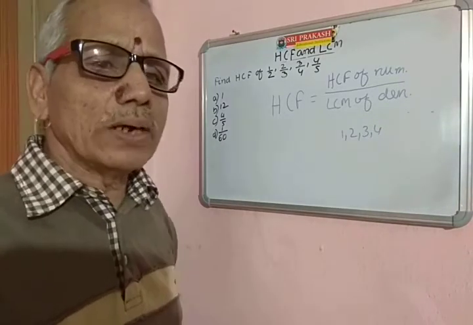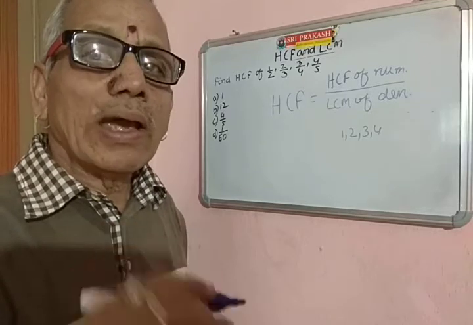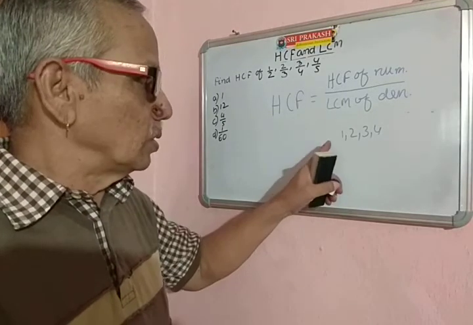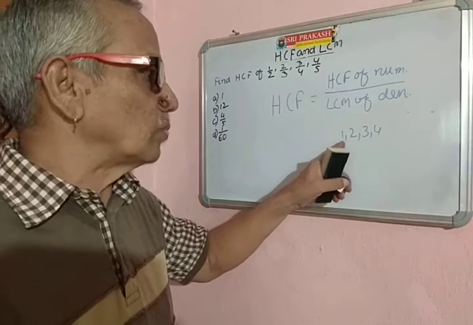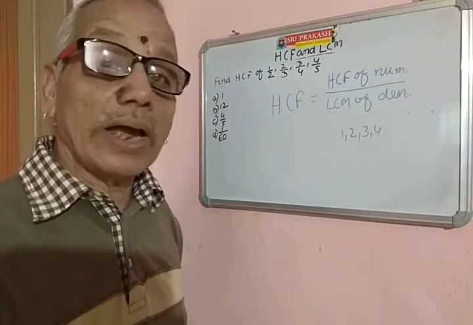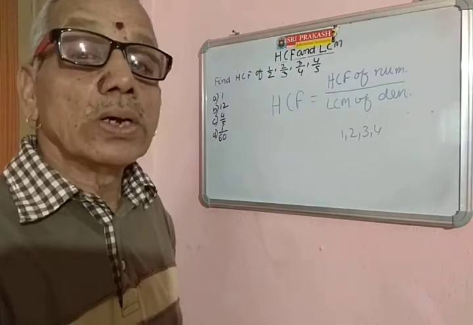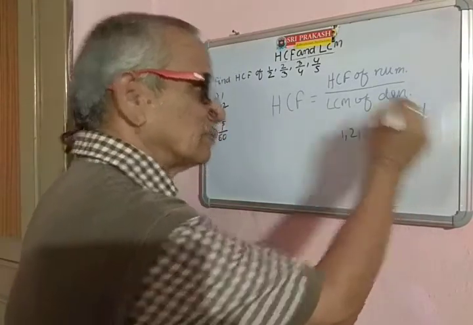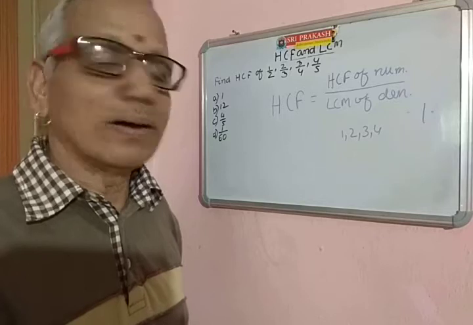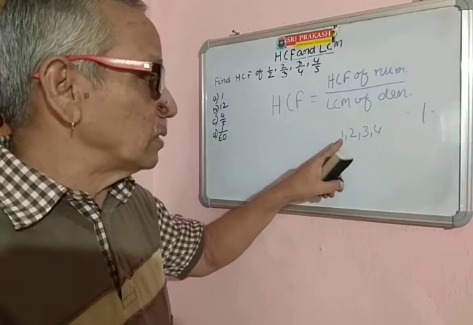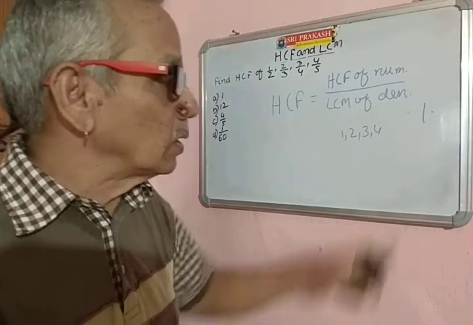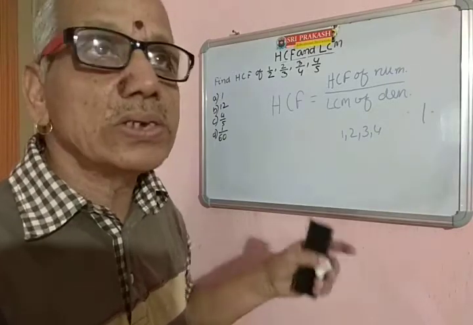These four numbers do not have any common factor. So your HCF will be how much? 1. Clear? Because 1, 2, 3, 4 do not have any common factor. So 1 will be your HCF.